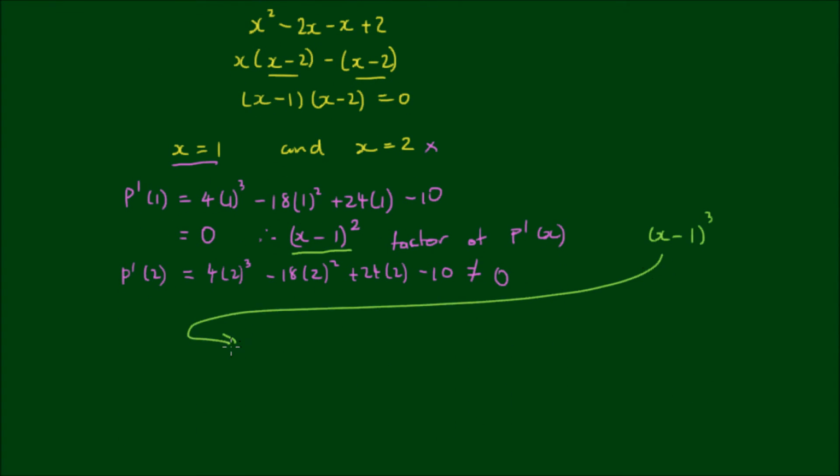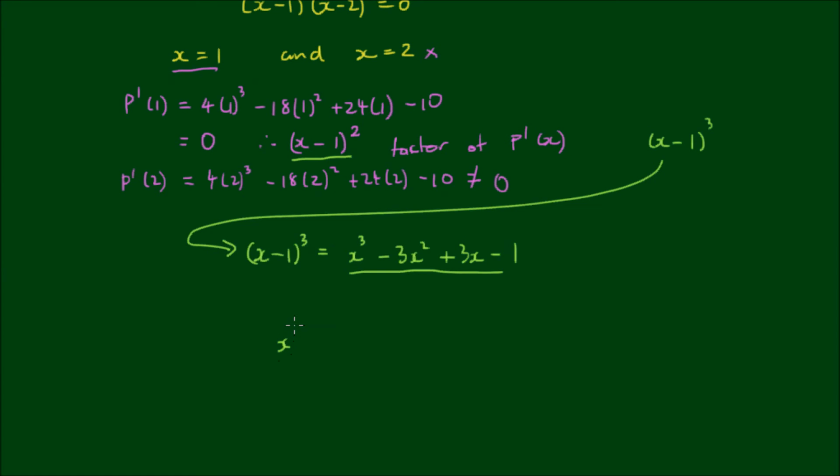So with this, I'm going to expand it out. So x minus 1 cubed is equal to x cubed minus 3x squared plus 3x minus 1, and this is simply through binomial expansion. So now I'm going to divide p of x by this expression to find the remaining factor.